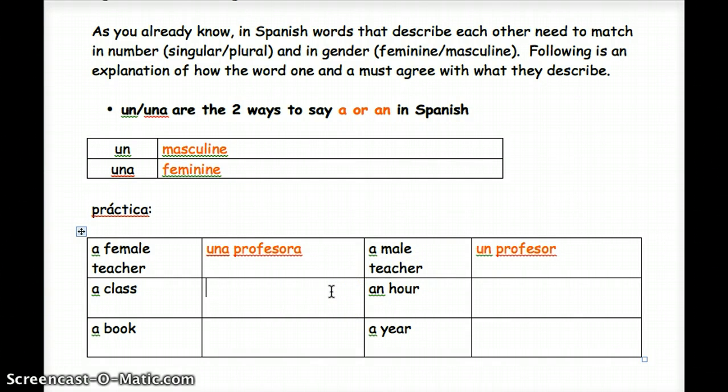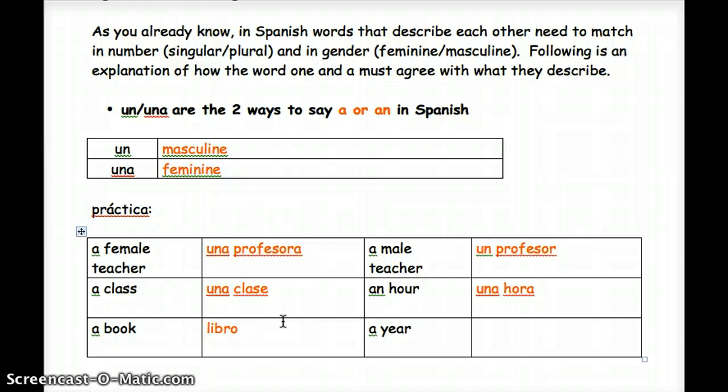Class, clase, is a feminine word, so una clase. Hour, hora, ends in an a, also a feminine word, so you're going to want to say una hora. A book, libro is book, it ends in an o.